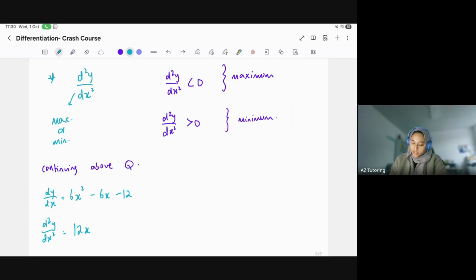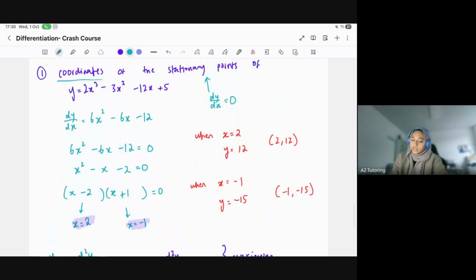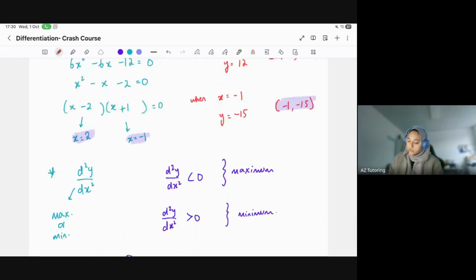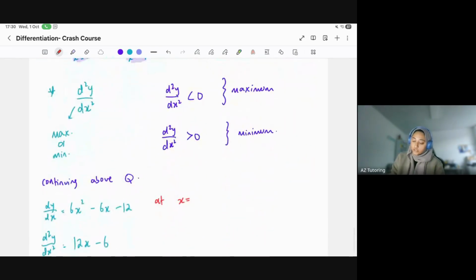So differentiating this again, we get 12x minus 6. Okay, so we've got 2 points where there's a stationary point, this one here and this one here. So we need to substitute each of the x values and see what happens at d2y over dx2. So I'll just do it in red. I'll say at x equals, we'll do the first point, 2, which we know is a stationary point because that's what we found.